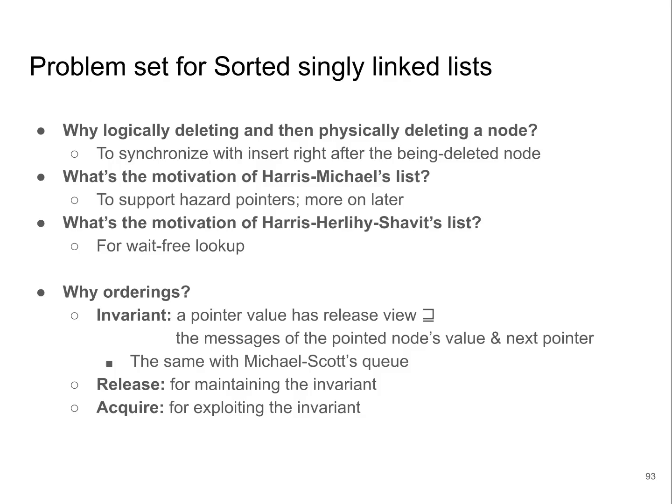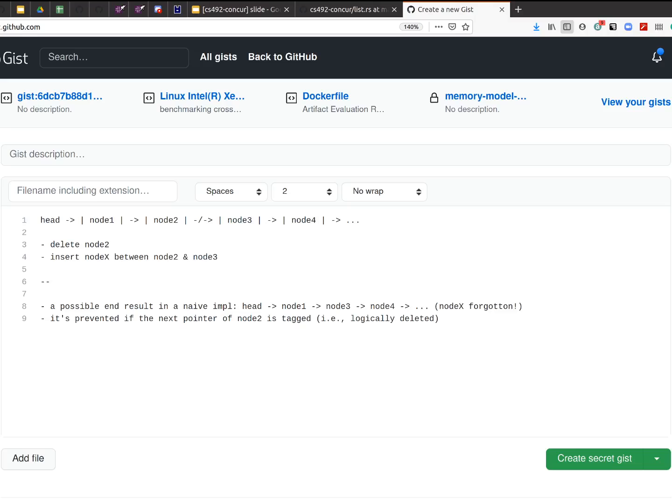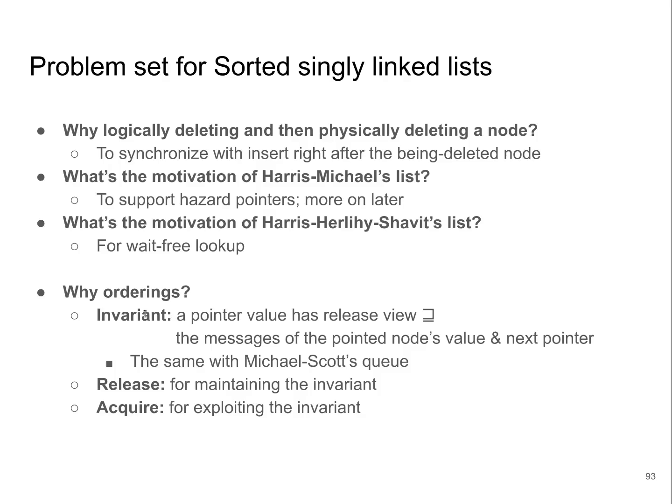So let's look at the figure here. Suppose that a pointer is pointing to some node, and the invariant is that the pointer's release view is greater than or equal to the message for node.value and node.next.